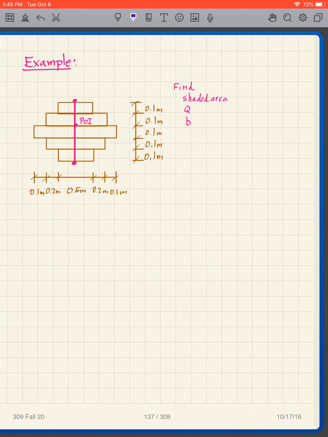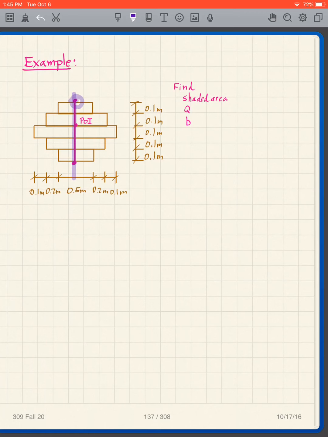All right, let's look at a case with numbers in it. Here is my beam cross-section. You can see it's made up of a number of laminations, and I have a bolt down the middle that connects them all.